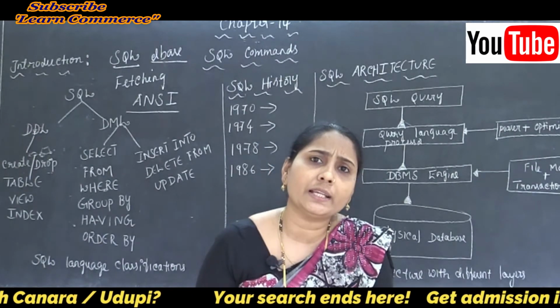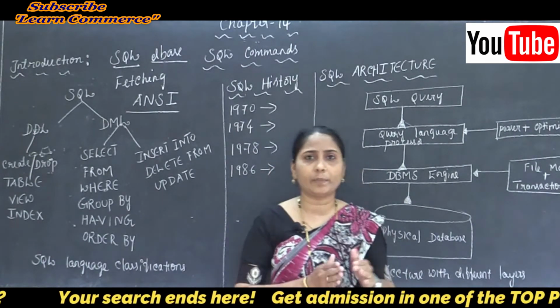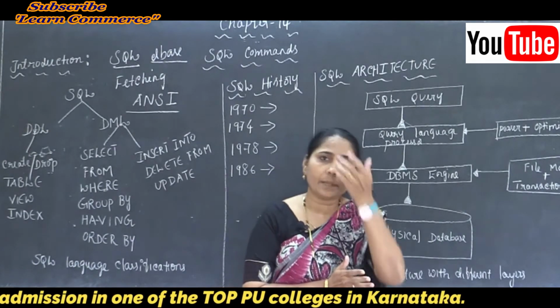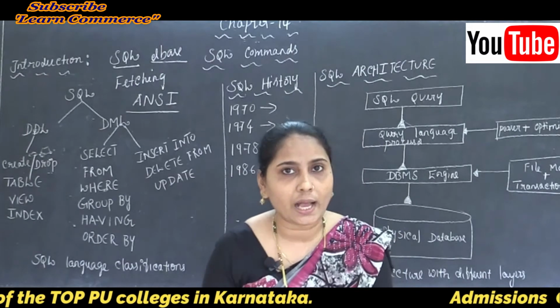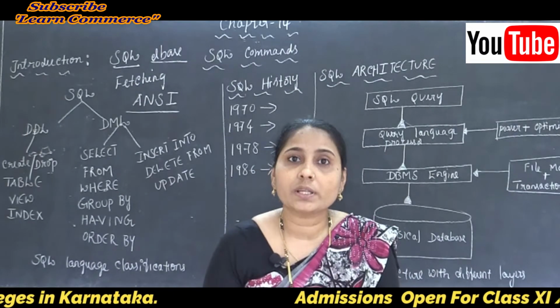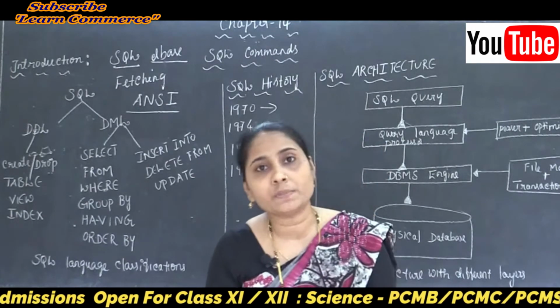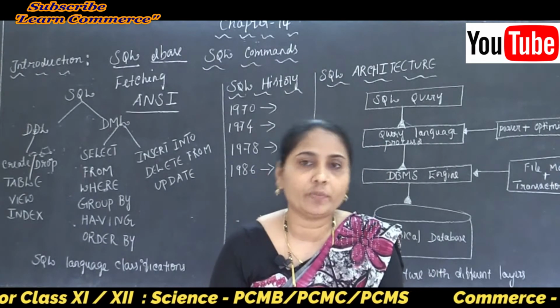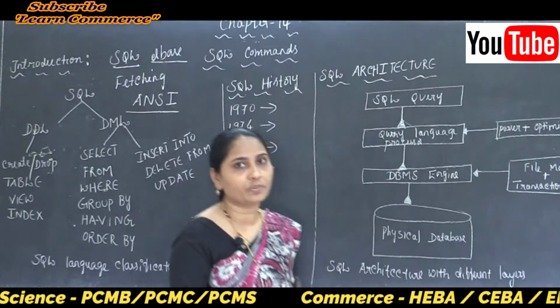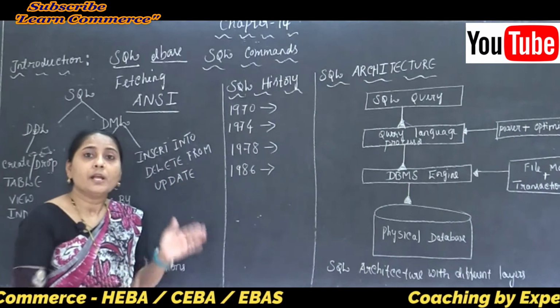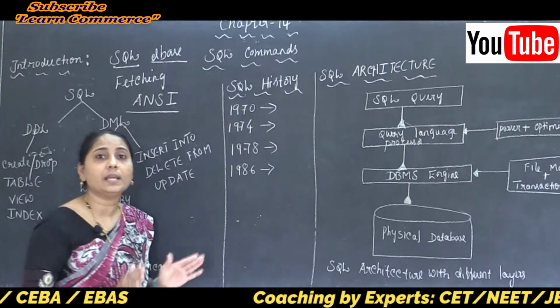What about the relational database management system? In simple words, it is called a table. Why? Because there is a relation between rows and columns. Because of this it is called a relational database management system. In simple words, that is a table.